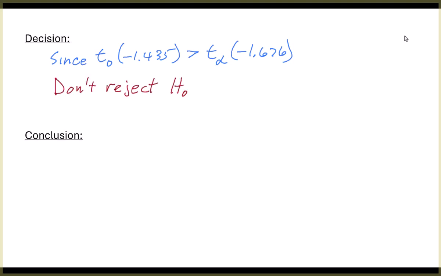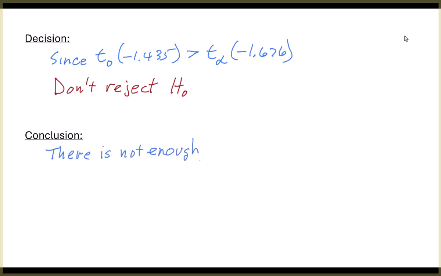Decision time. Well, since t0 didn't make it all the way out to t alpha, I'm not going to reject the null. It has to cross that line in the sand that t alpha represents. Conclusion time.